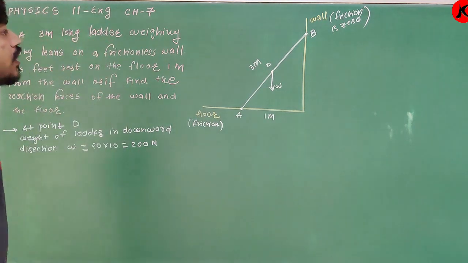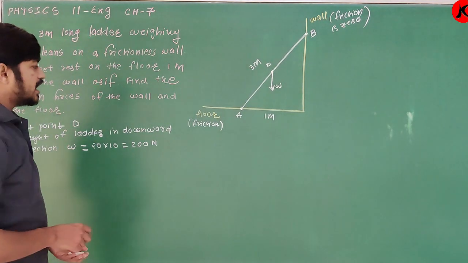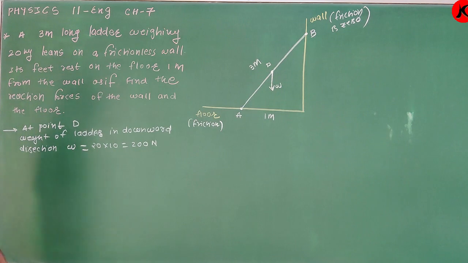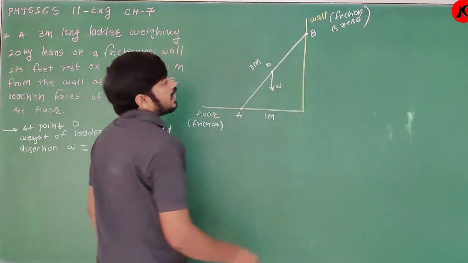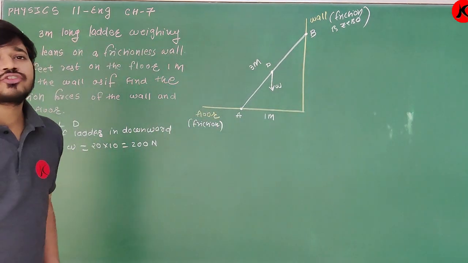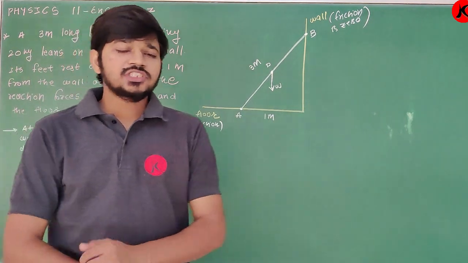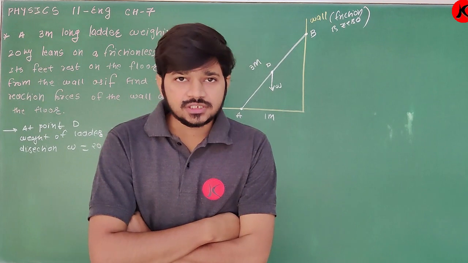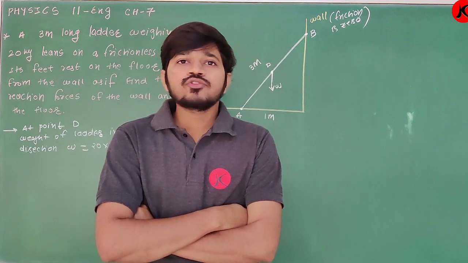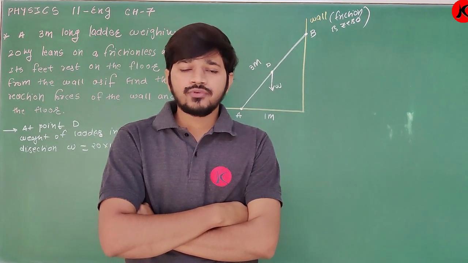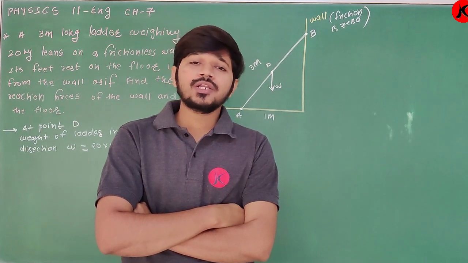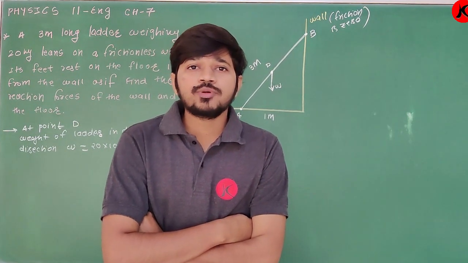Okay. So now we have to find the reaction on the wall and the reaction on the floor. First of all, on the wall, friction is 0. Remember chapter number 5: reaction R has two components, one parallel to the surface, that is the friction force, and one perpendicular to the surface, that is the normal reaction.